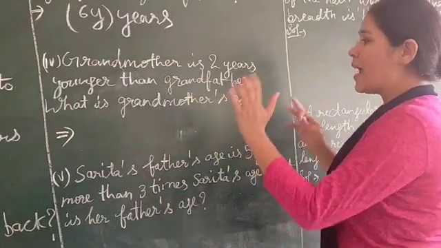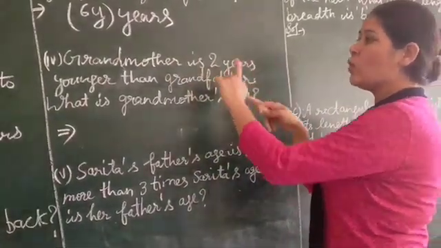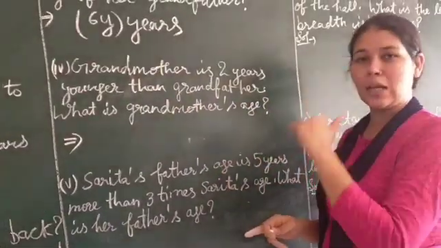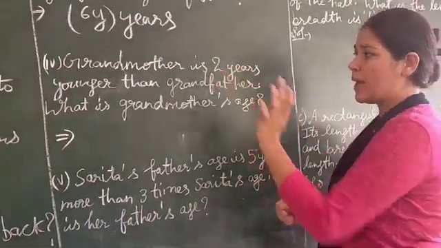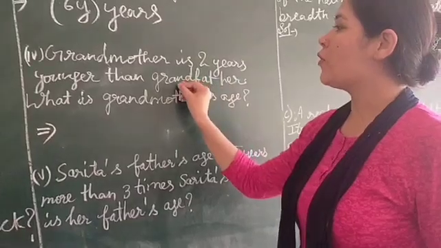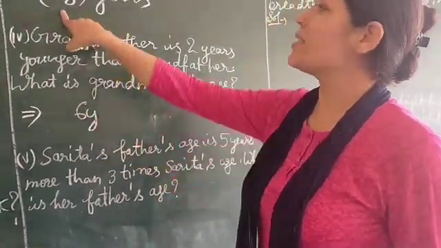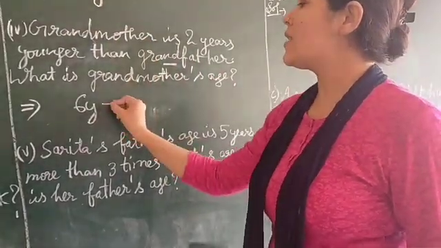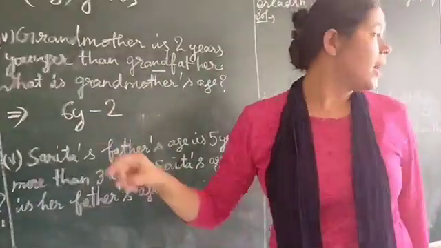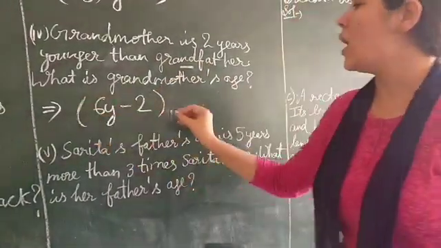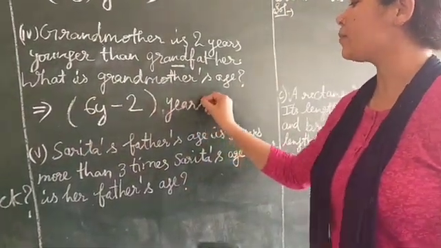So when I subtract 2 years from 6y, then we will get grandmother's age, because she is younger, and for younger we have to subtract. So we will write here grandfather's age, that is 6y, and we will subtract 2 from the age of her grandfather. So it will be the age of her grandmother.